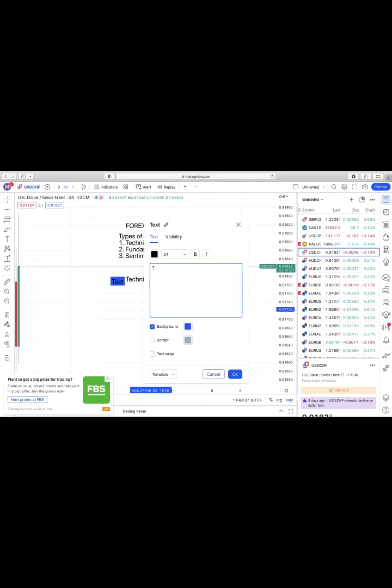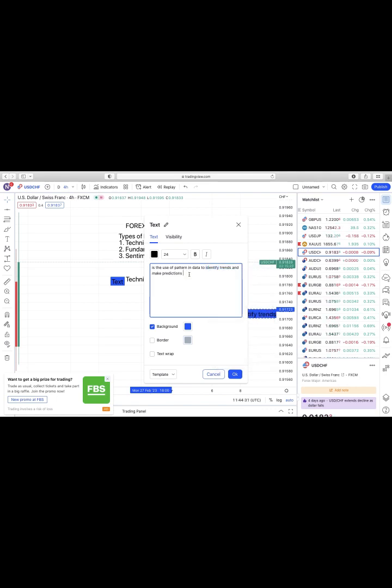Now technical analysis is the use of pattern in data to identify trends and make predictions.